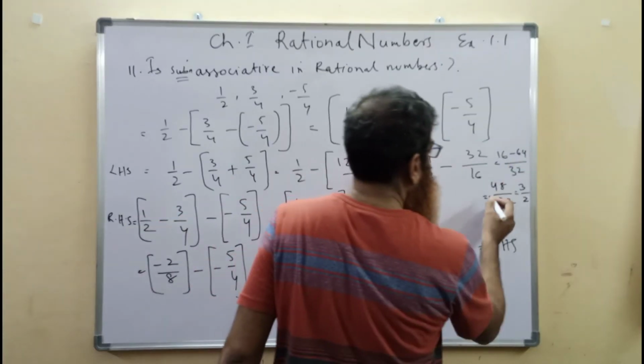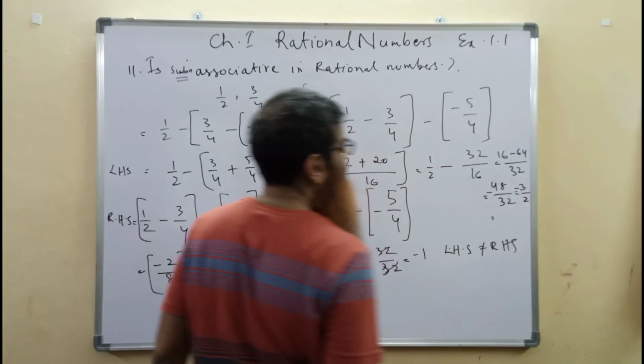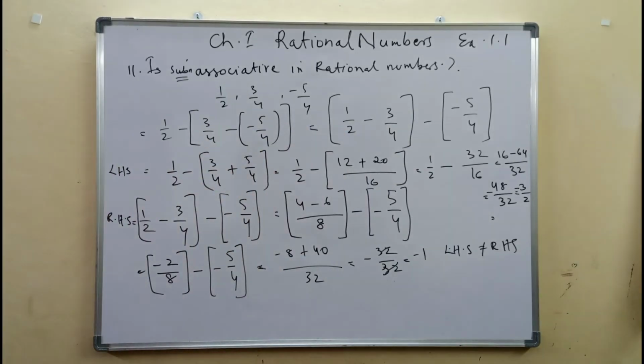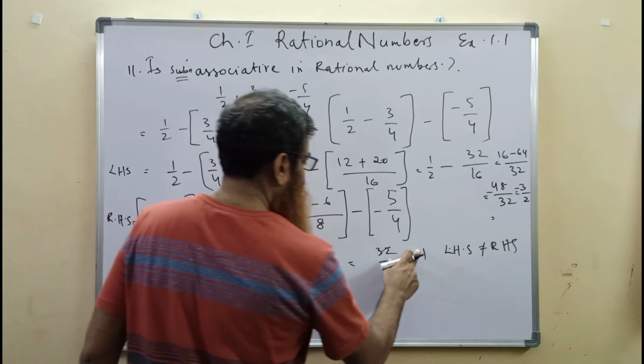Here actually 16 minus 64 is minus 48 by 32, so it is minus 3 by 2, and for RHS it is 1. For RHS also we made a mistake here.